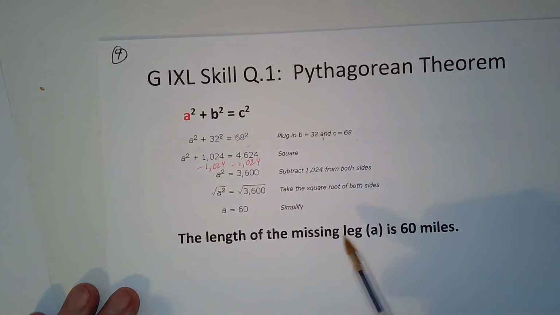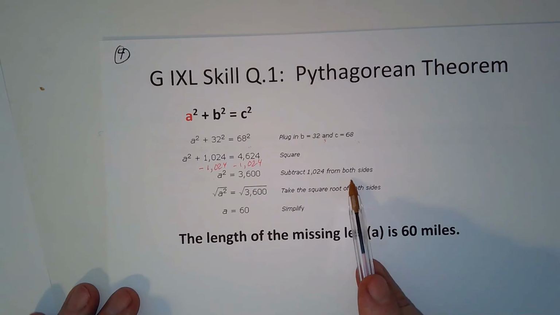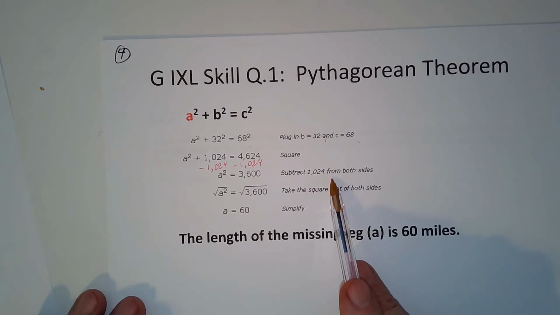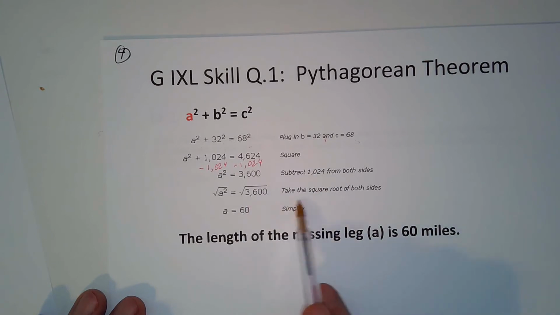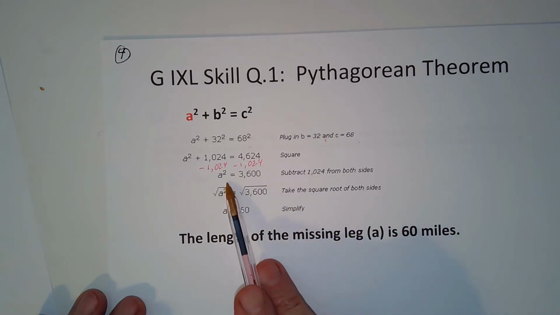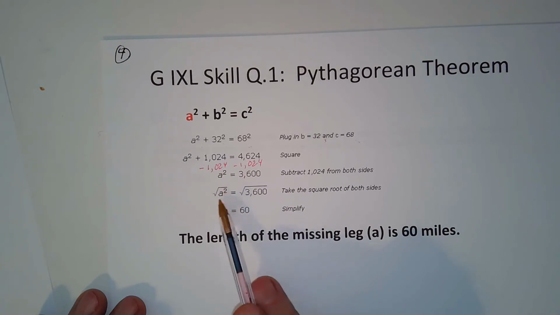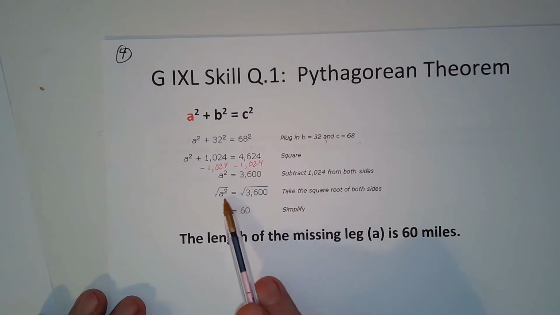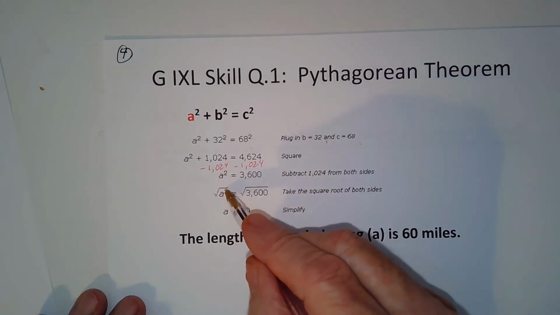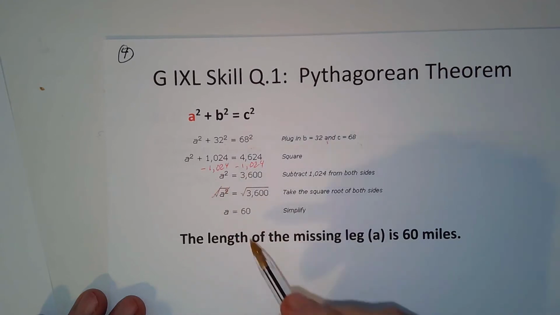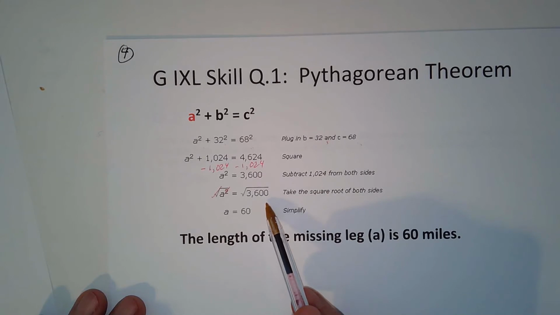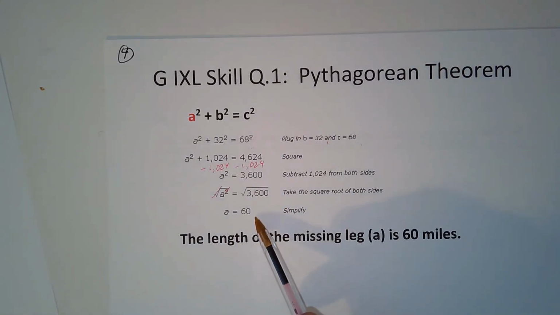So A squared equals 3,600, and as I told you, we're subtracting 1,024 from both sides. All right, now you take the square root of both sides. Whenever you have a variable squared and you want to find out what the variable is, you must take its square root, and you have to do it to both sides. So the square root of A squared, the square and the square root cancel each other out, and you're left with A. Now the square root of 3,600, I have here that it's 60.